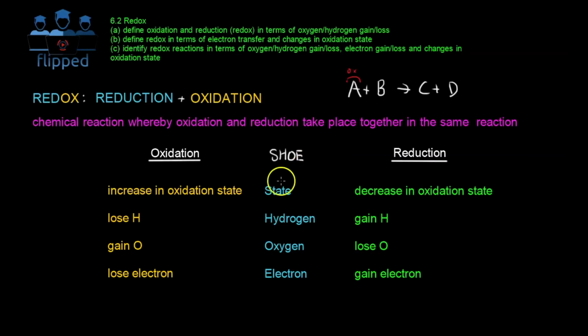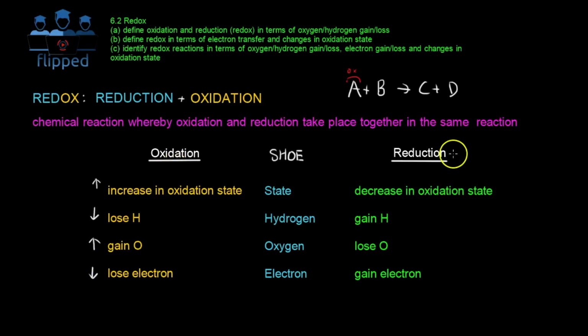In terms of state, oxidation is defined as an increase in oxidation state. In terms of hydrogen, oxidation is defined as losing hydrogen. In terms of oxygen, oxidation is defined as gaining oxygen. In terms of electron, oxidation is defined as losing electrons.